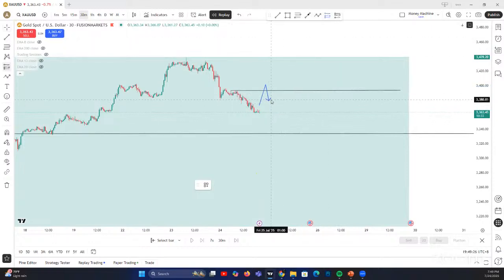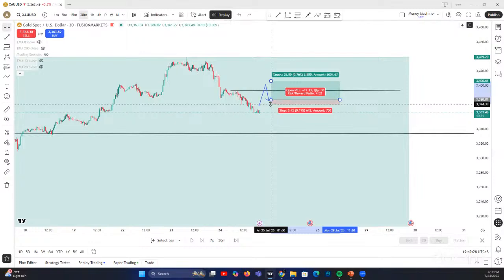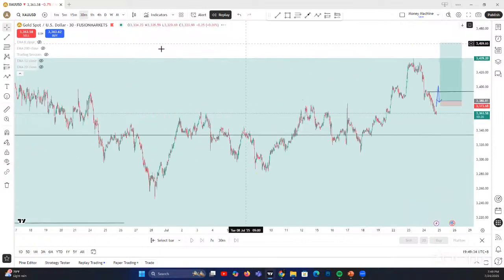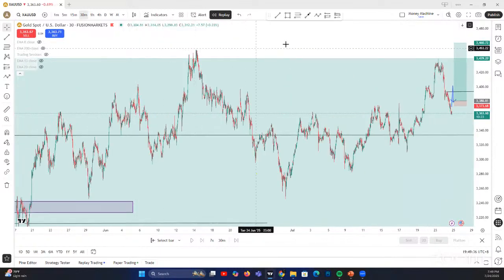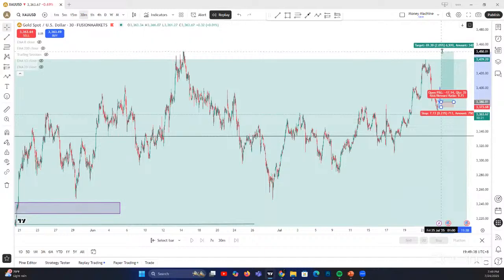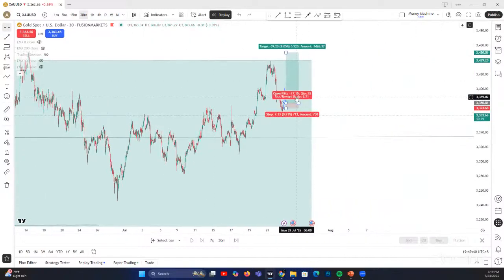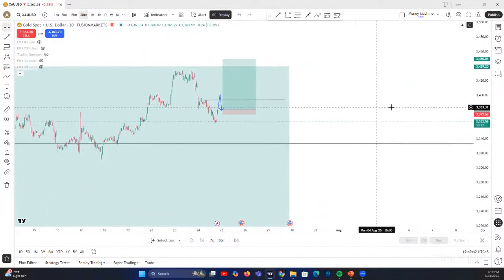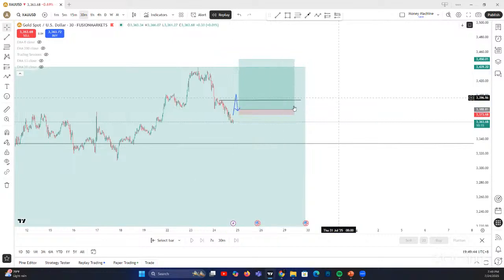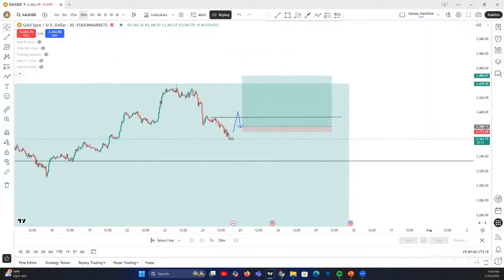It could happen anywhere there. And target this high here again, or the last one here. This, target this. And that's your trade entry, my friend. That's your trade idea. That's it.